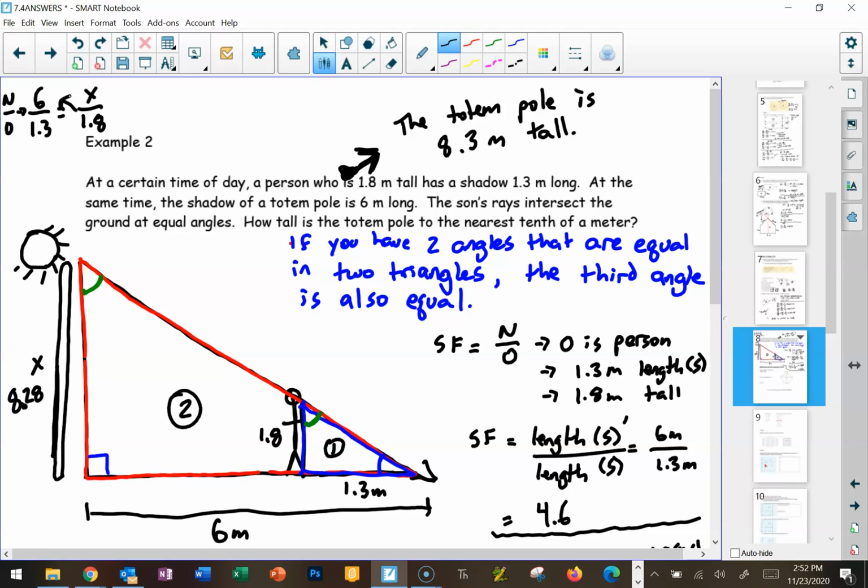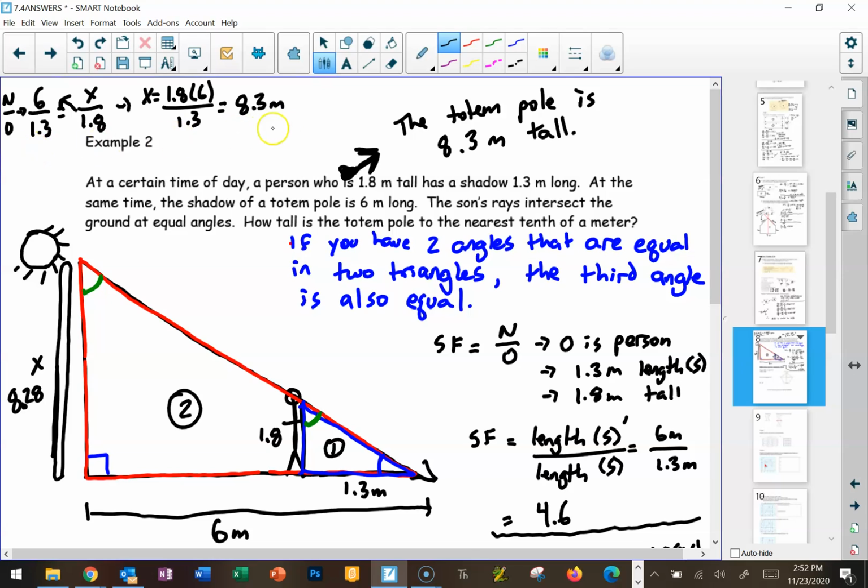So you've got to cross multiply: 1.8 times 6 equals 10.8. So x equals 1.8 times 6, that's the cross multiply, and then you divide by the only other number, which is 1.3. And what we get is 10.8 divided by 1.3 equals 8.3.